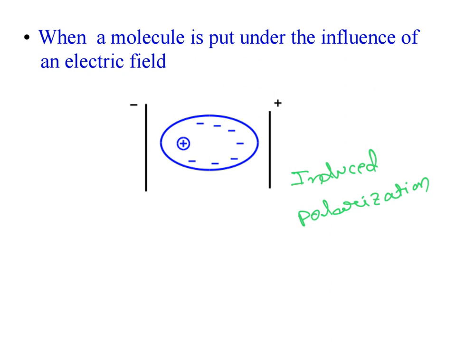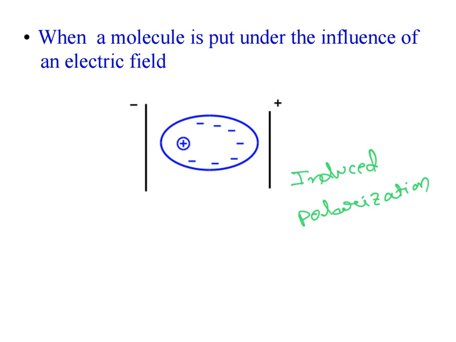In the electric field, the positive nucleus is distorted towards the negative plate side, and the negative electrons are distorted toward the positive plate, and this we call induced polarization. Why do we call it induced polarization? If we remove the electric field, it will come back to the original position. We are externally inducing the polarization in the molecule, that's why we call it induced polarization.